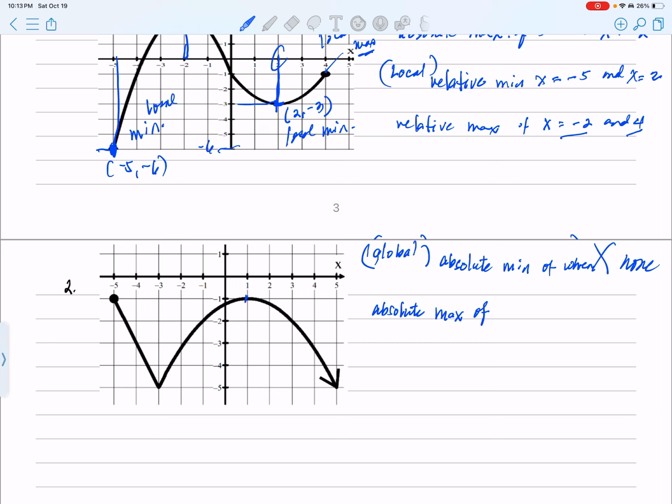We have that absolute maximum of negative 1 when x is negative 5, right here.